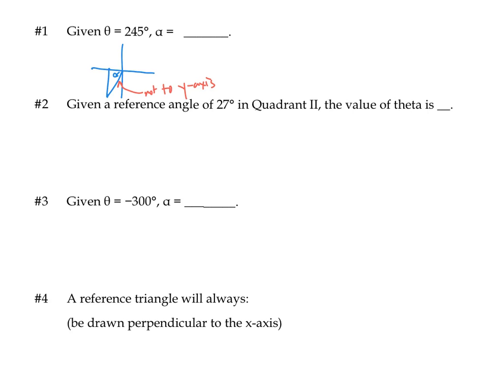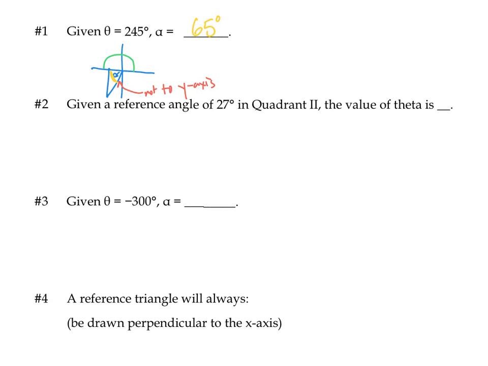So we're going to do 245 minus 180 because that would be our angle here. We've got 180 degrees around to there. So the angle we're looking for right in here would be 245 minus the 180. That will give us that little yellow part that's left over there. So that's going to be 65 degrees.